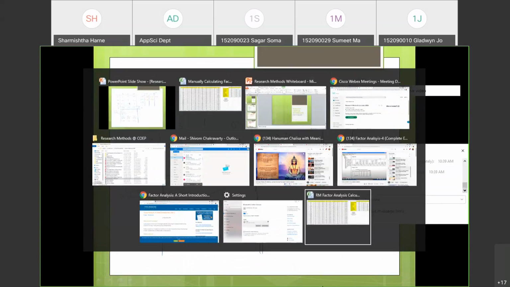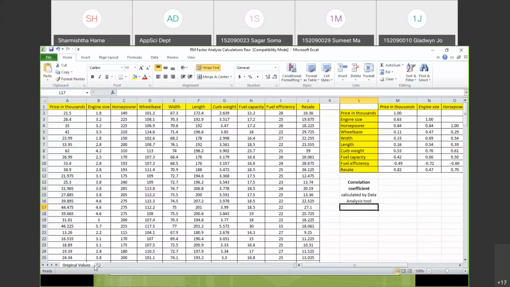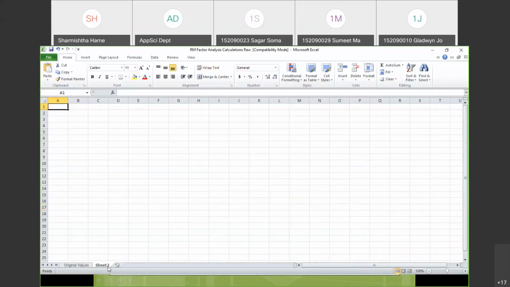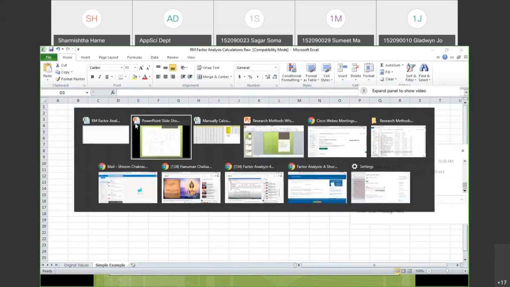You can create a different tab and do the simple calculation. Call it simple example only. So we just write what we had there.